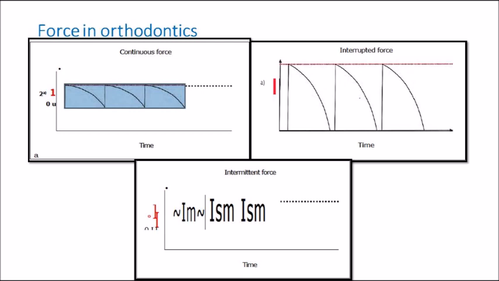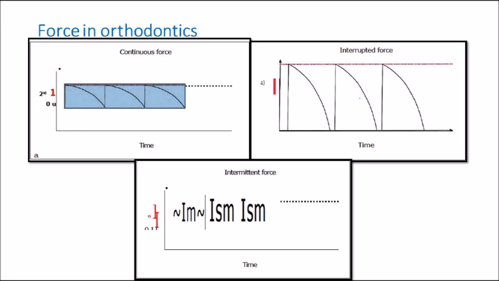Now let's talk about interrupted forces. Interrupted forces are ones in which we apply a force, and then after a period of time it gradually gets reduced to zero. See, that graph is touching zero, and before the next activation there is a period during which no force is acting on the person.